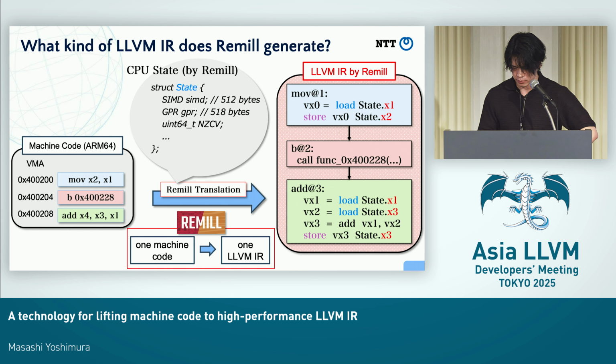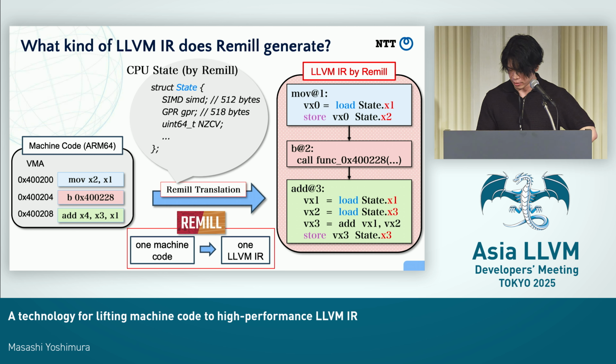The translation looks like this. First, you can see that the three instructions are each turned into basic blocks: MOV at 1, B at 2, and add at 3.